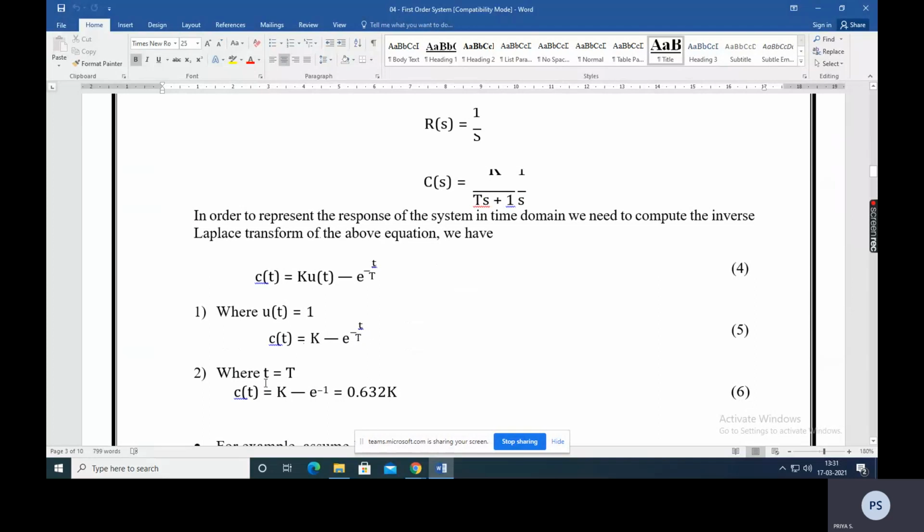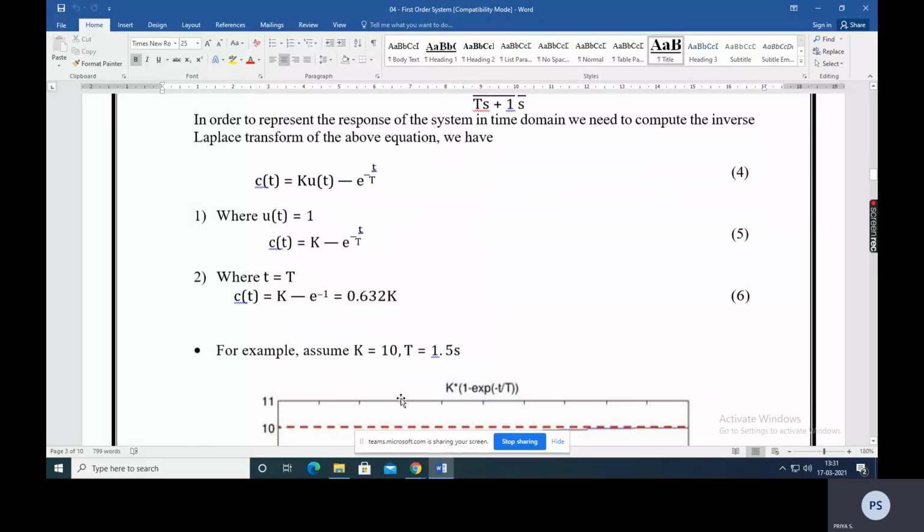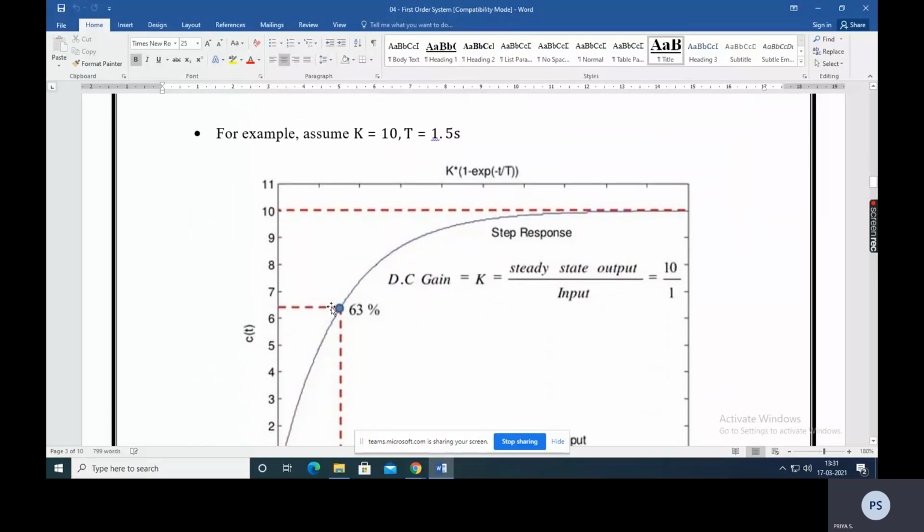Here, when my small t is equal to capital T, t by T is equal to 1. e power minus 1, you know the value. So what I am going to get is C(t) equal to K times (1 minus e power minus 1). So my answer is going to be 0.632K.